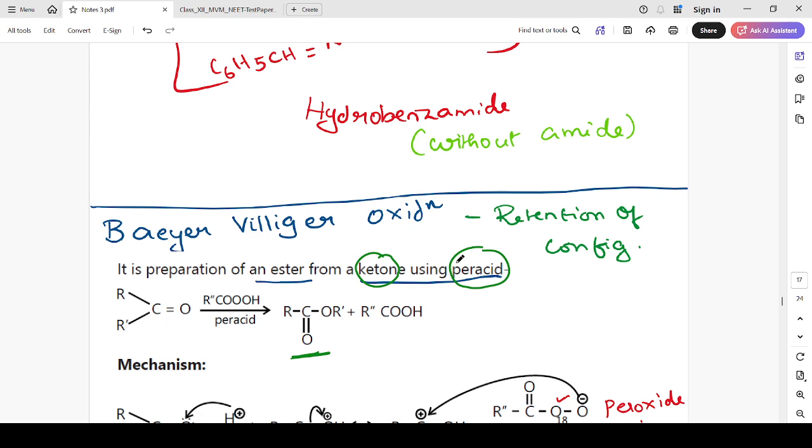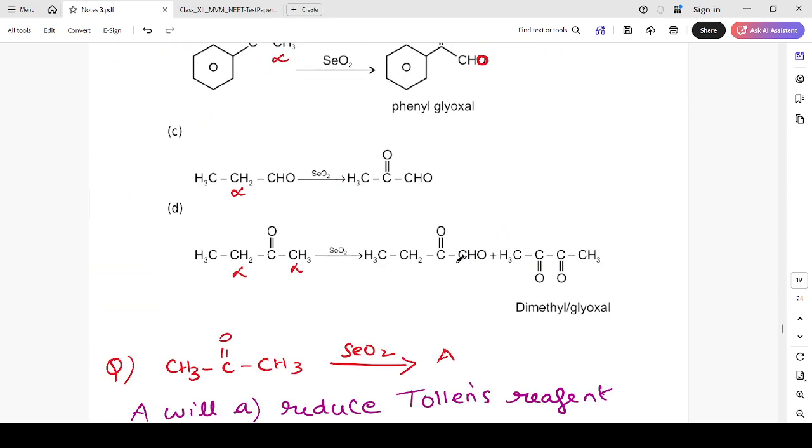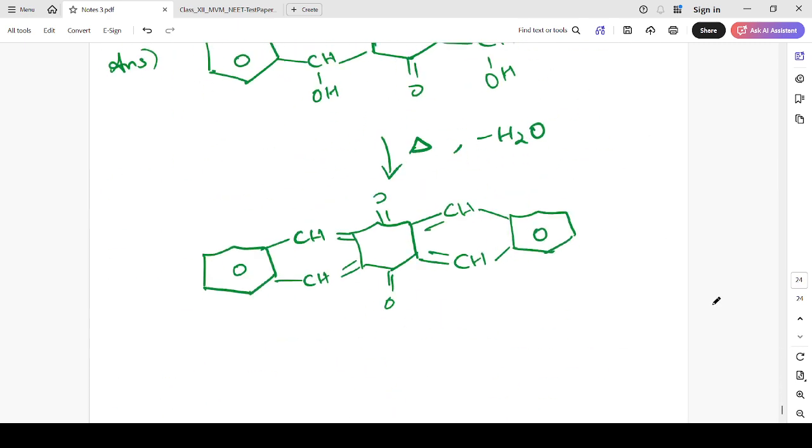Okay. So, in a similar way, if you want to convert a ketone into an ester, we go for the Baeyer Villiger oxidation reaction. See the mechanism of this reaction now. I take a ketone here, RCOR', plus a peracid.